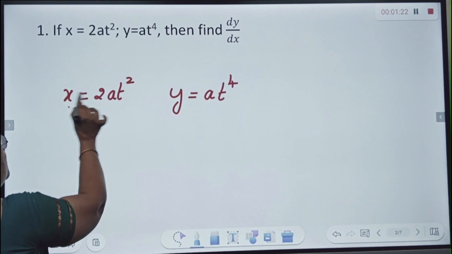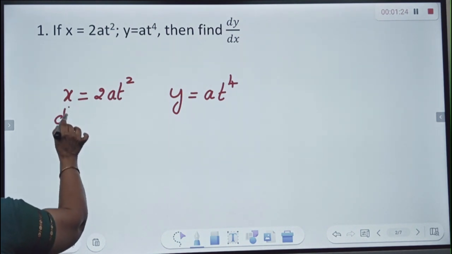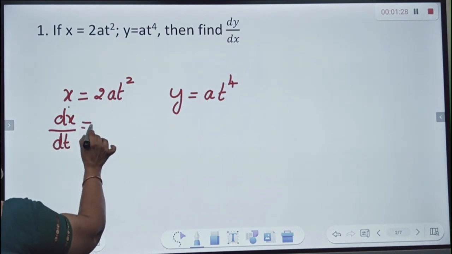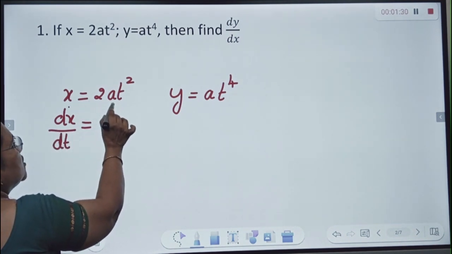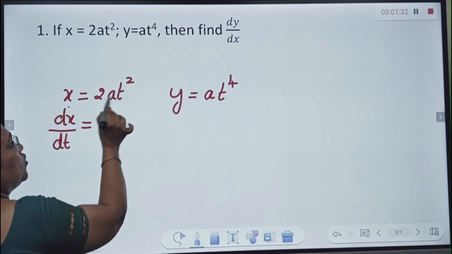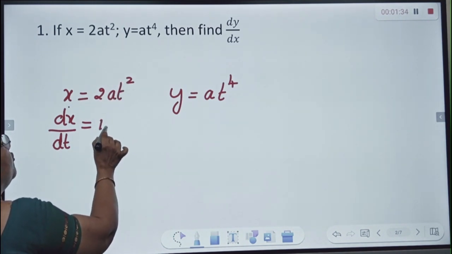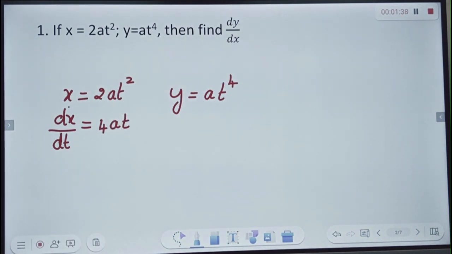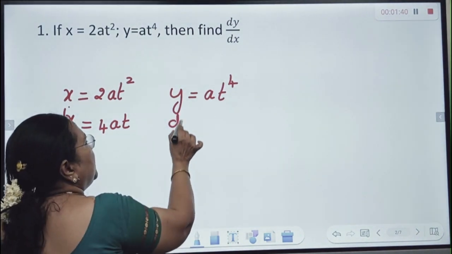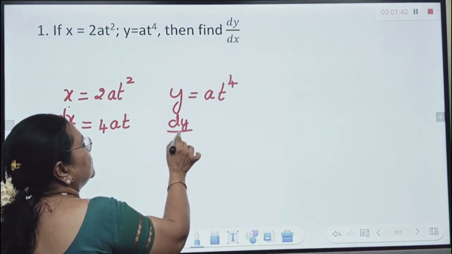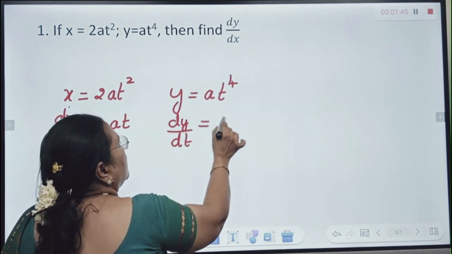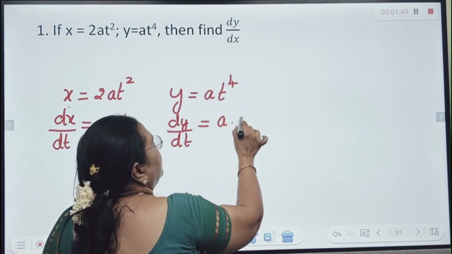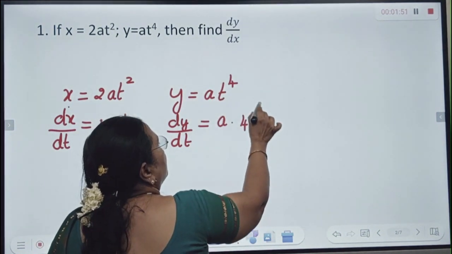Since this is a function of t, I can write dx by dt. dx by dt will be 2a is a constant, derivative of t square is 2t, so 4at. Now, dy by dt is equal to a into a is a constant, derivative of t power 4 will be 4t cube.